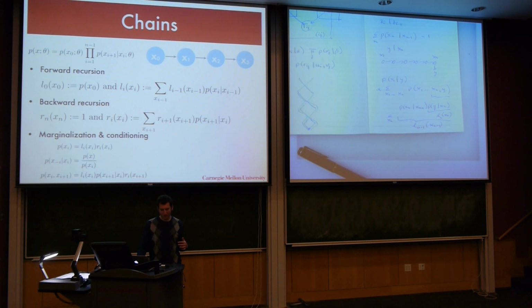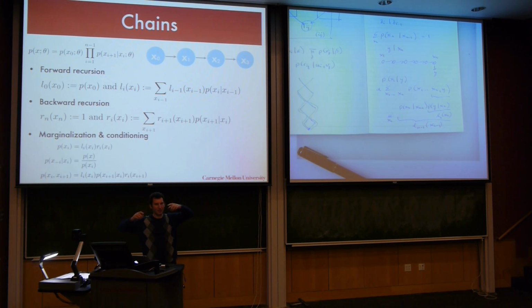Now, what this gives me is also things like conditioning and marginalization. I can ask questions such as, what's the distribution of all the other random variables conditioned on observing a specific one? Or I can ask, what's the distribution over that specific random variable xi?